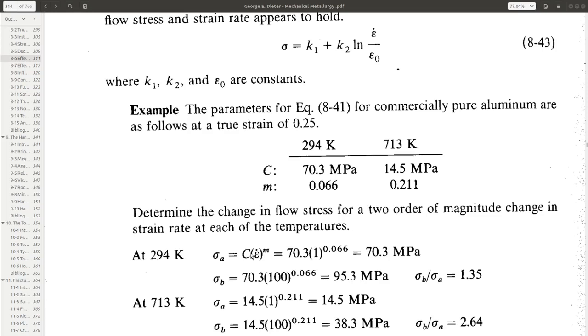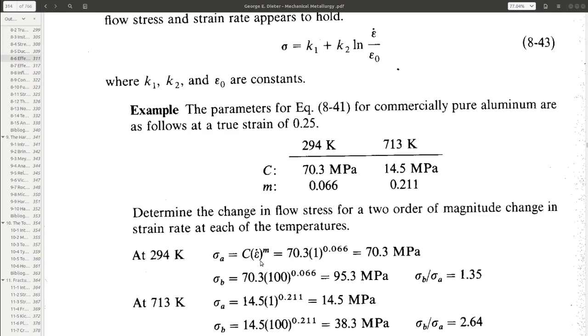First let's assume that epsilon dot is 1. At that time what I observe is sigma is 70.3. So when I maintain epsilon dot to be 1, my yield stress is 70.3.